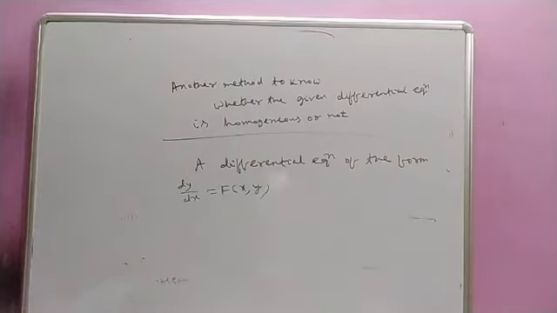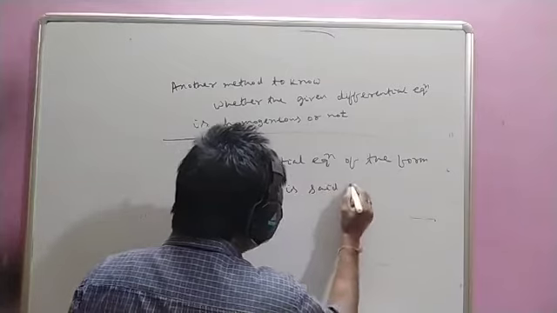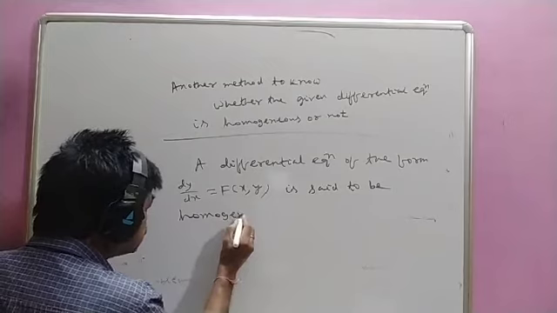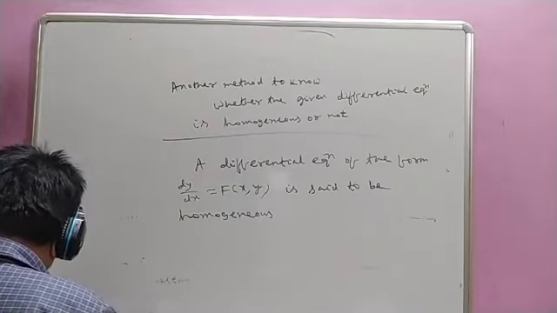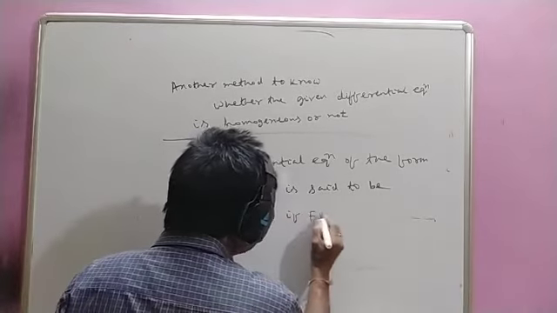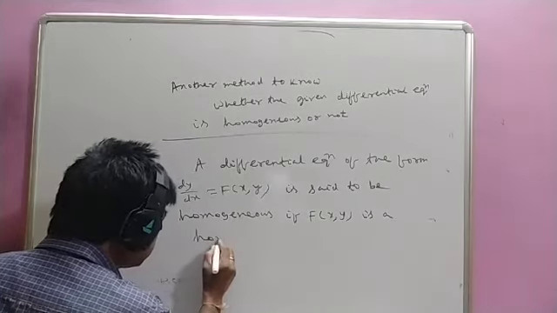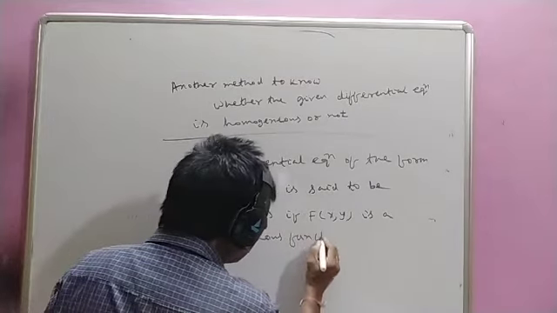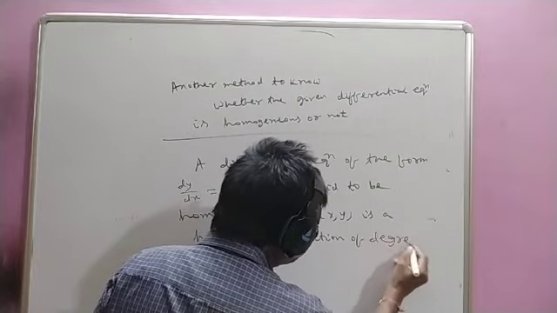It is said to be homogeneous if f(x,y) is a homogeneous function of degree 0.